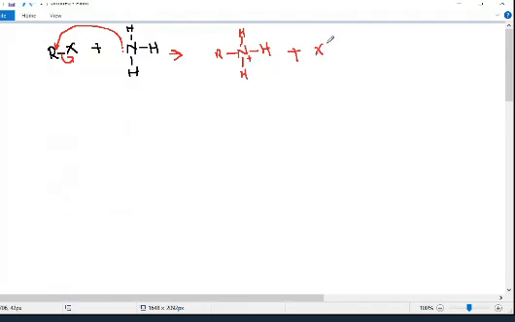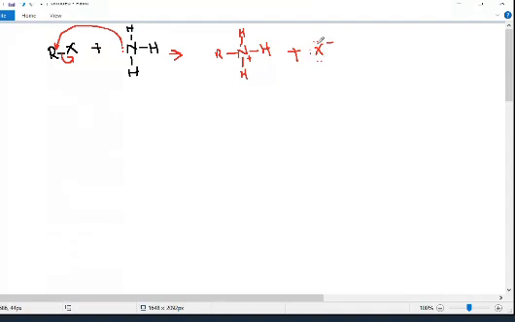This one can be chlorine, bromine, or iodine. Those are halogens. Now what we have done basically here is to have introduced a positive charge which we need to eliminate.